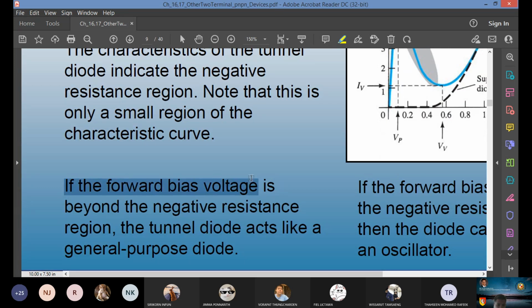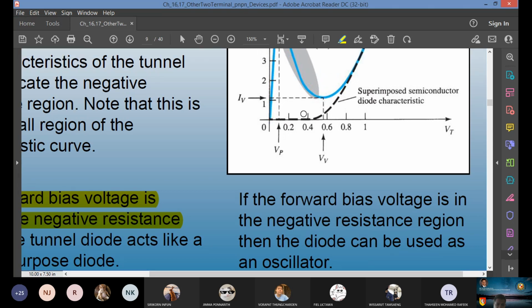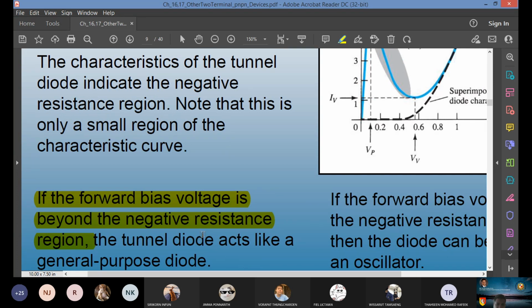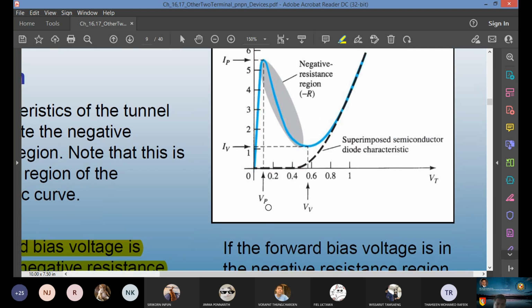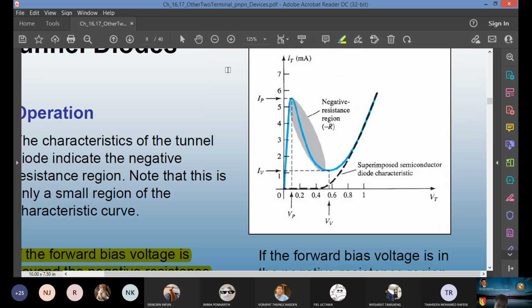If the forward bias voltage is beyond the negative resistance region, as we have seen, it will act like a general purpose diode. But if the forward bias voltage is in the negative resistance region, the diode can be used as an oscillator. Can you imagine the situation?